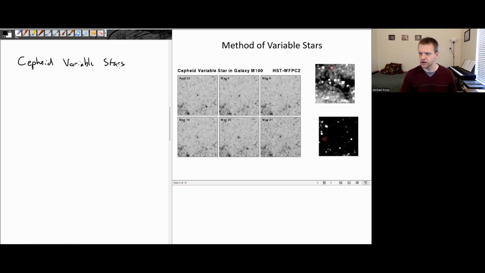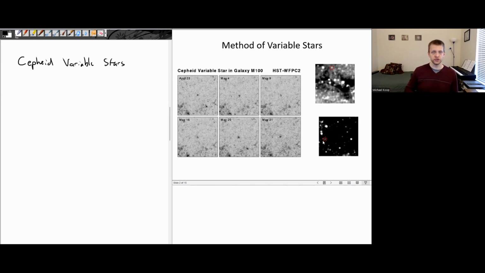These are stars that actually go through pulsations in brightness. They get brighter and dimmer with a regular pattern. So over the course of a few days to sometimes weeks or over a month, these stars on the night sky will get brighter, then dimmer, brighter, dimmer.